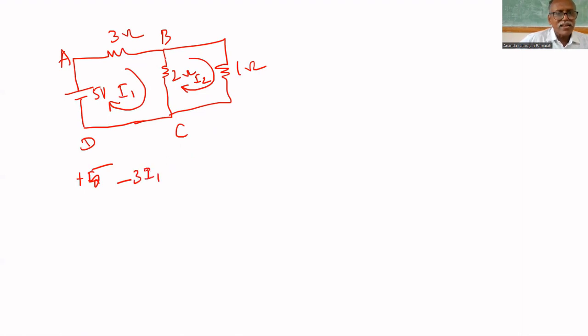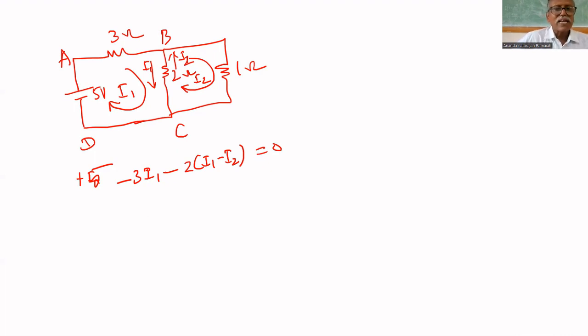Here again, we are traveling along the current direction. This direction is I1, this direction is I2. Therefore, (I1 minus I2), and we are traveling along the I1 direction, so I1 is positive and I2 is negative. Why minus? We are traveling along the current direction. Minus 2 times (I1 minus I2) equal to 0. That's the same equation you will get.